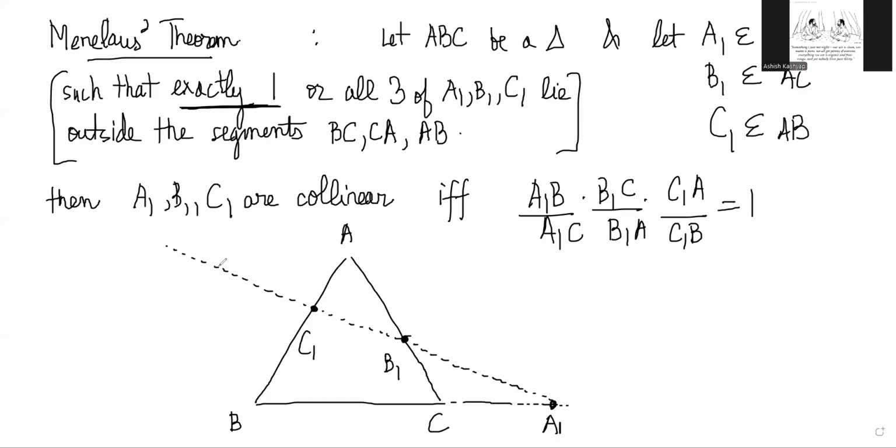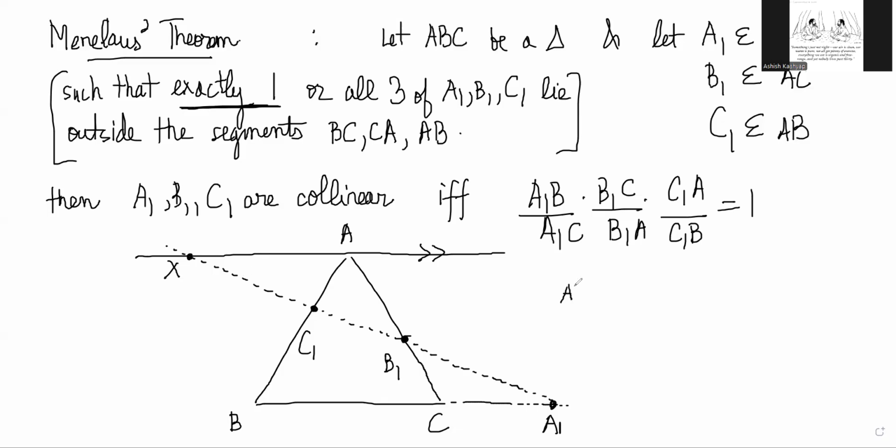We draw a line like this, and we also draw a line parallel to BC through A. That is the standard technique for both Ceva's theorem and Menelaus theorem. So once we draw this parallel line here, we will get similarity. This is the point of intersection X.